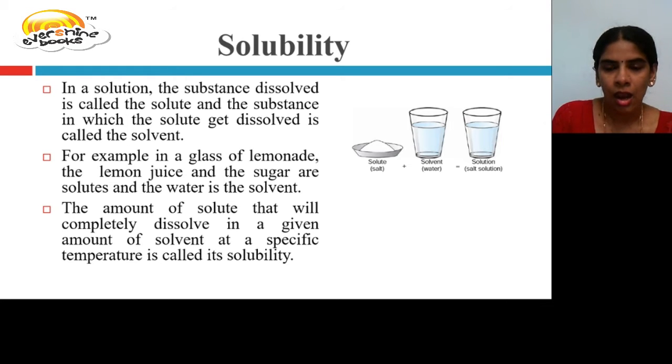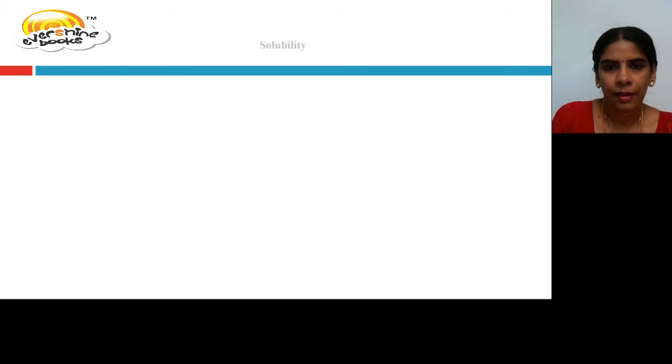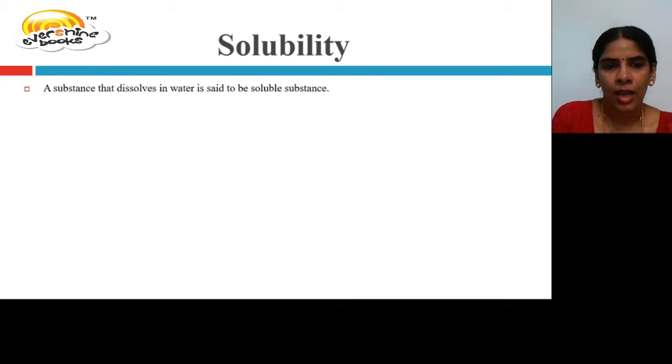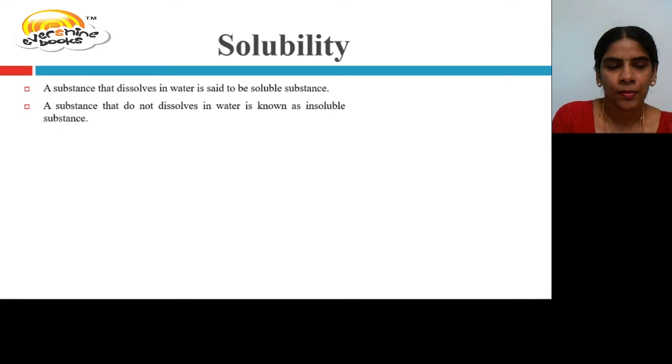That is, how much salt completely dissolves in a particular amount of solvent at a specific temperature is called solubility. A substance that dissolves in water is said to be a soluble substance. A substance that does not dissolve in water is known as an insoluble substance.